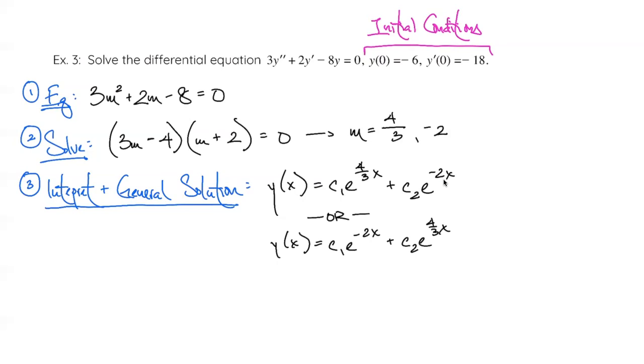It's such a small piece, but I did want to let you know that these could be equivalent expressions. But if you have the first one, your C1 will be the same as someone else's C2 because it's the number that goes with the e to the 4/3 x. And this C1 will actually be the same as that C2. But at the end, you should have the same answer. It might just be reversed in terms of which one plus which one.